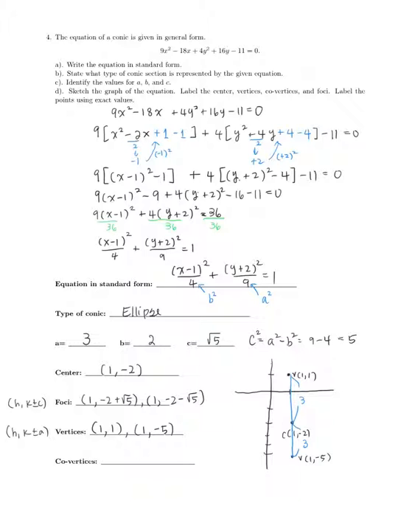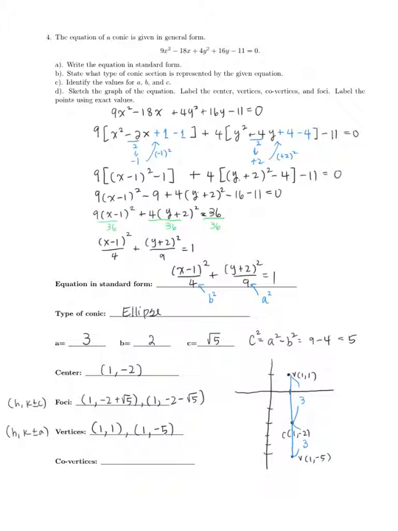Now, co-vertices are going to be this way. Co-vertices come from the value of b. If b squared is 4, then what are we going to get there? b is going to be 2.